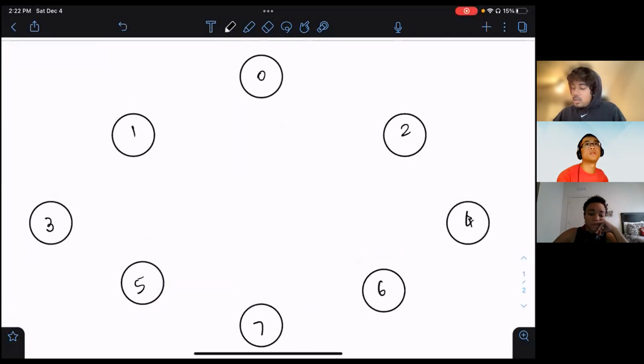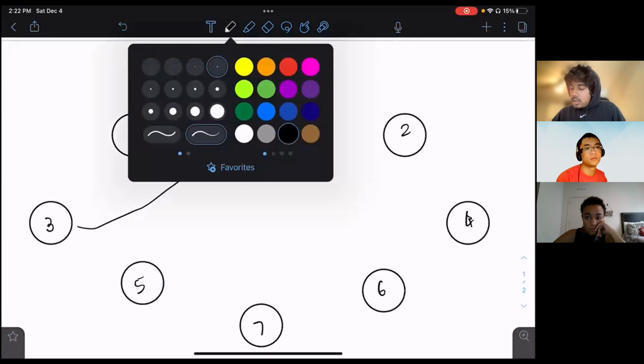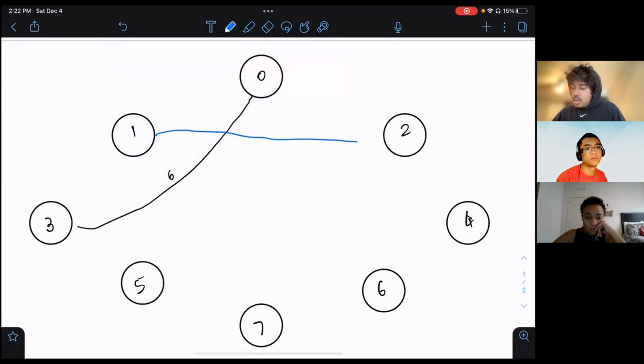Okay, so 0 goes to 3 with a cost of 6. Yep. And then 1 goes to 2. Here, I'll use a different color for that so it's easier to spot. Okay, 9. And then 1 also goes to 5 with a cost of 4.